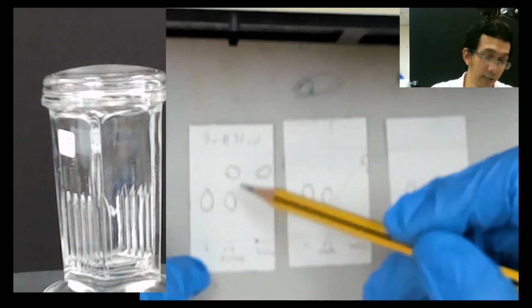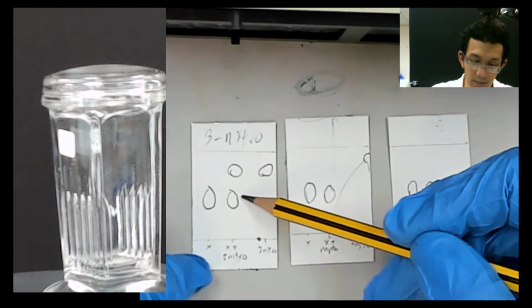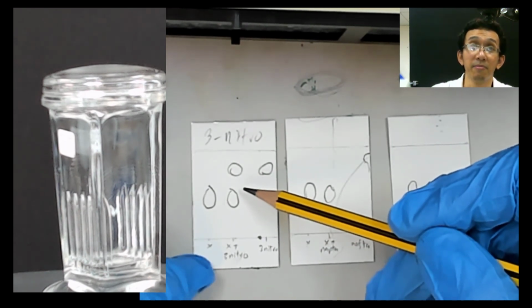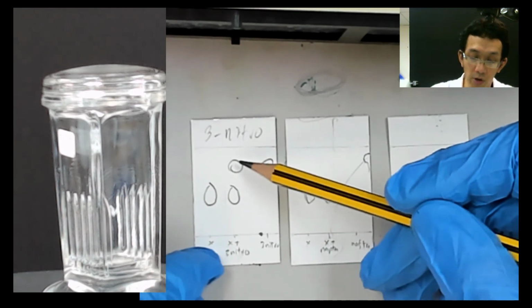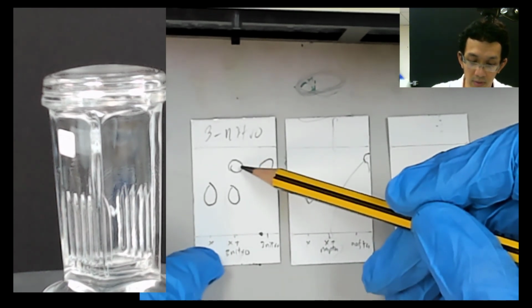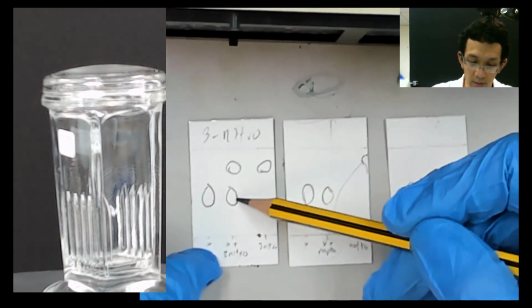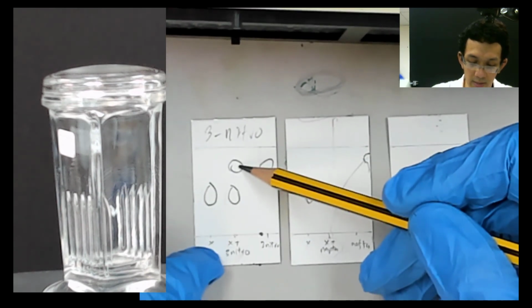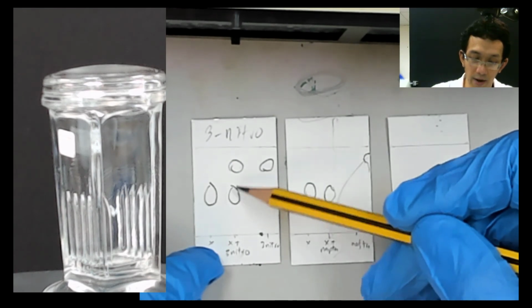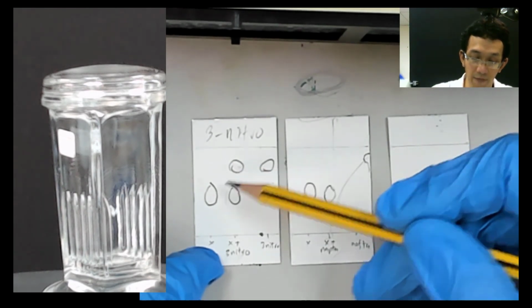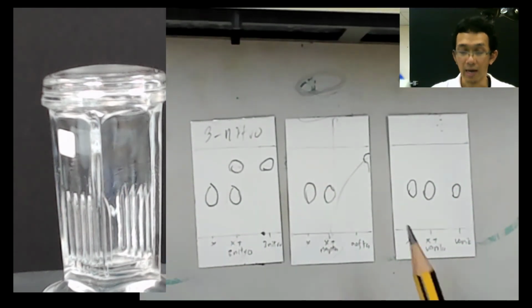Your name? Mariam, sir. The one that moved less has a smaller RF compared to the one that moved more, higher. So this will get lower RF and this got higher RF. So that's how to find the RF.